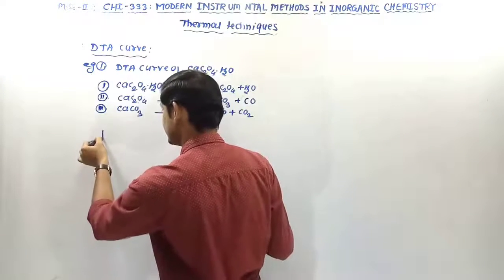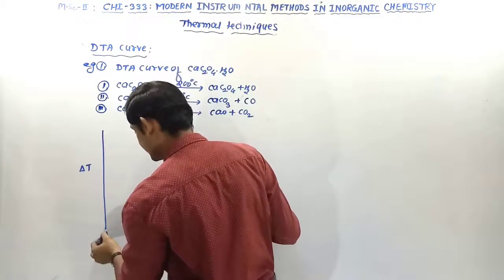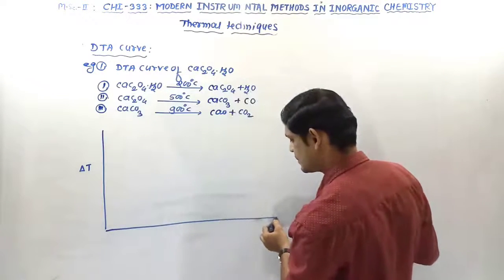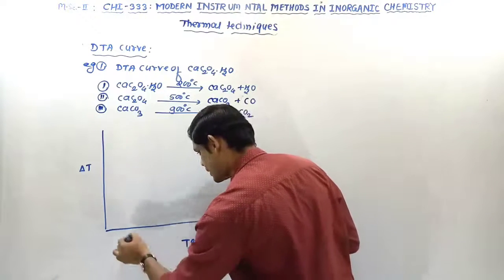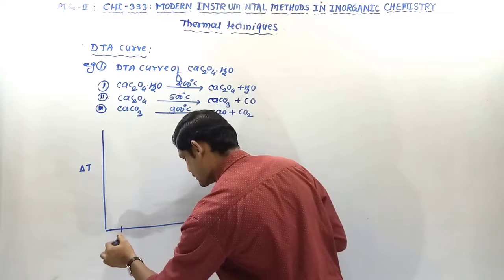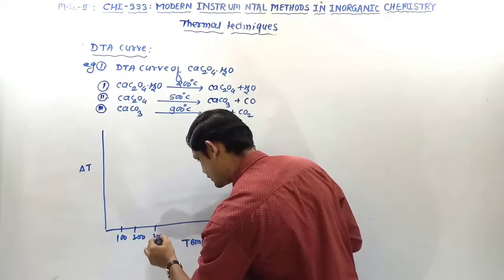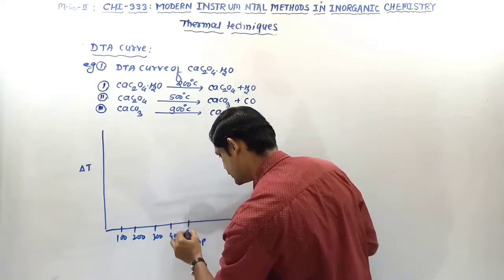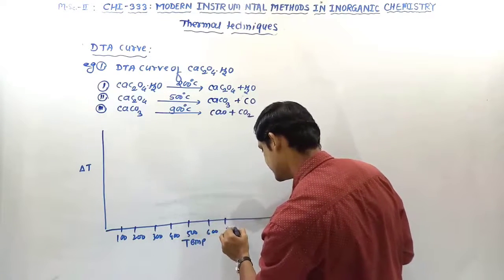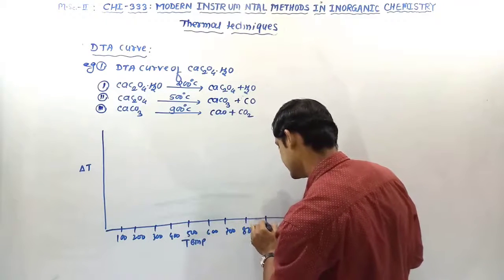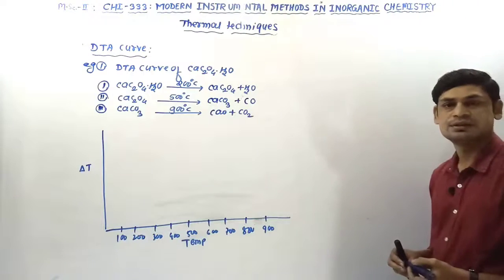If you draw the change in temperature with respect to temperature, suppose this is your 100, 200, 300, 400, 500, 600, 700, 800 and 900.